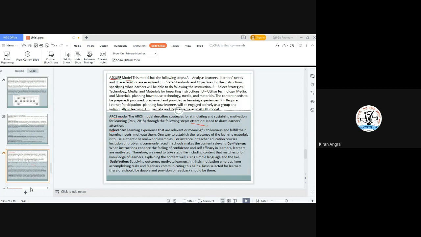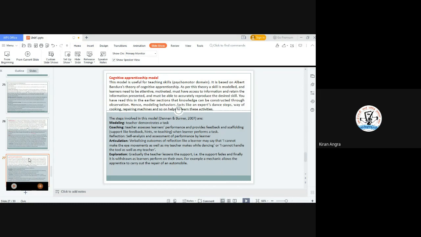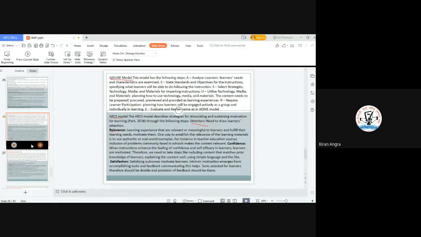Then the next, S, means satisfaction. Satisfying outcomes motivate the learners, because when you take some feedback and give them some assessments, if the answers are correct, it is said that satisfaction motivates a learner.